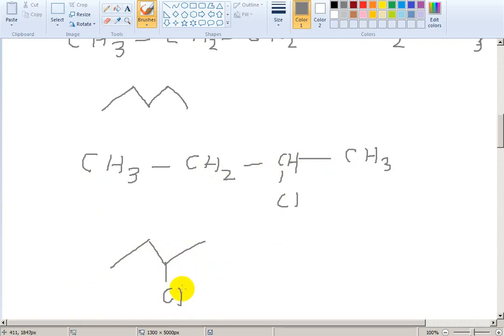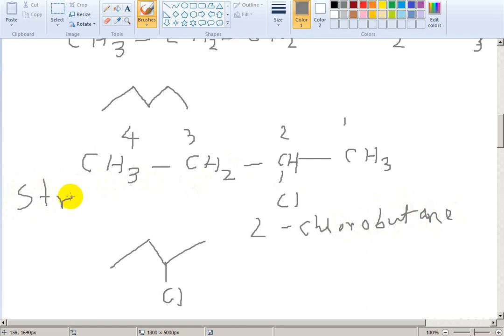Okay, the parent compound is butane, the chlorine position is 2, so 2-chlorobutane, 2-chlorobutane. Okay, this one is the structural formula, this is the skeletal formula. 2-chlorobutane.